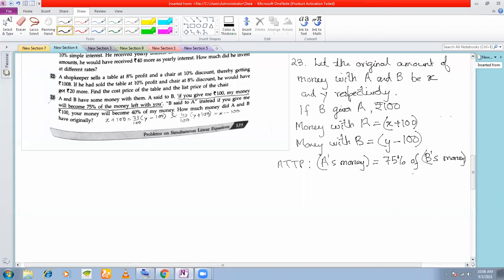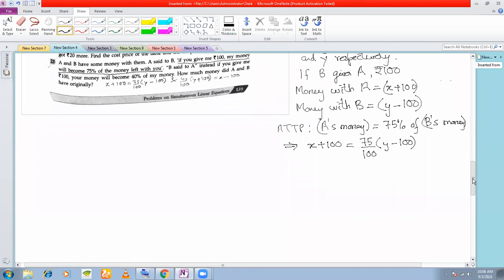That is what the sentence says. Now A's money, after receiving 100 rupees, is X plus 100, equal to 75% of B's money. B's money is Y minus 100, right? So this will give our first equation.